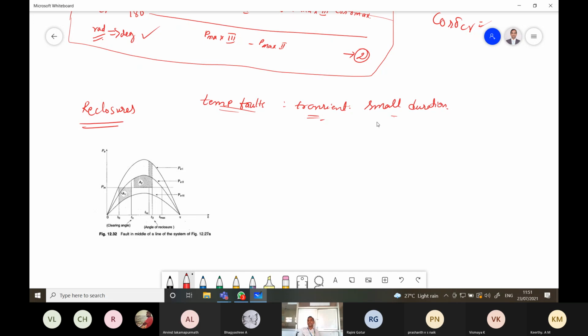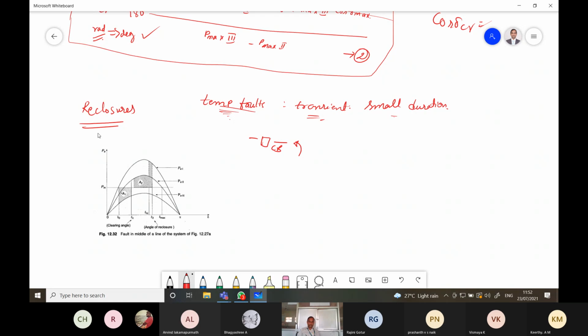It may be because of switching action or variation in the wind and all those things. A short-period fault occurs and it is restored automatically. The fault persisting for a small duration is called a temporary fault. When the fault is cleared, the automatic reclosers, the circuit breakers we have, will be closed automatically.